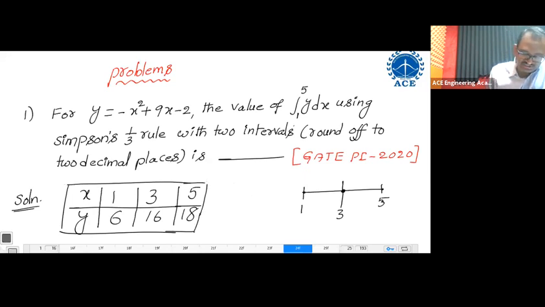This is the way you have to remember: beginning value y naught, ending value yn. Always starting value y naught, ending value yn. In between, we have managed as y1. What is the subinterval size?